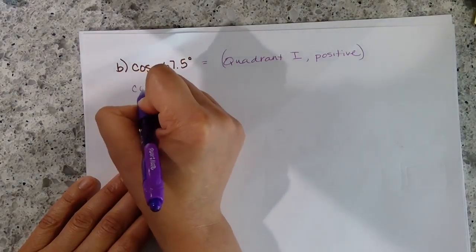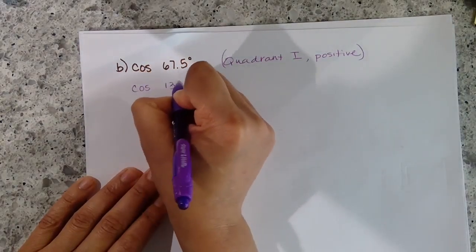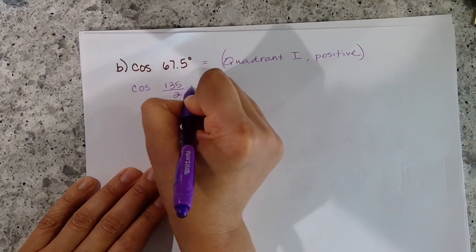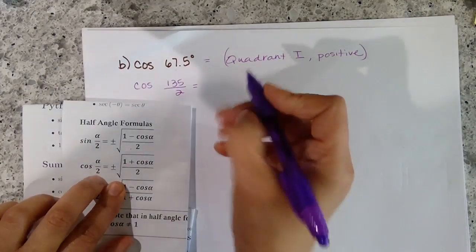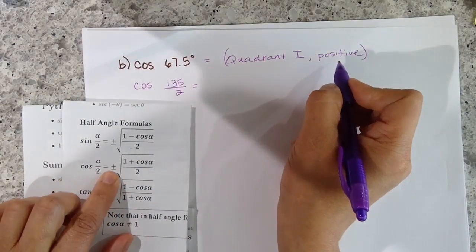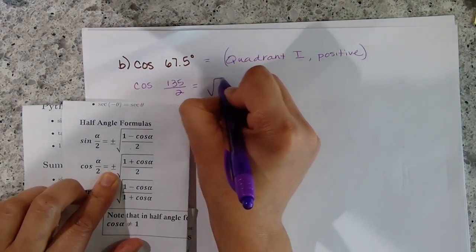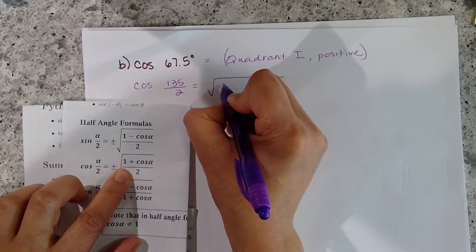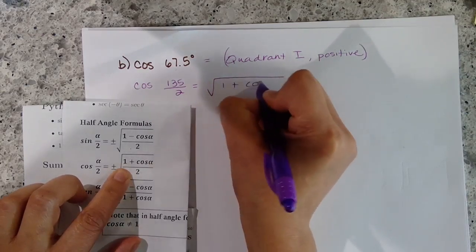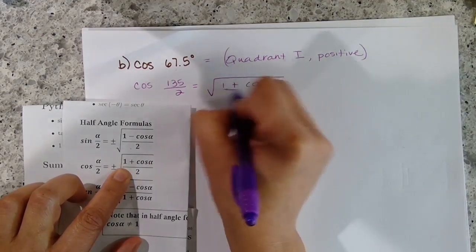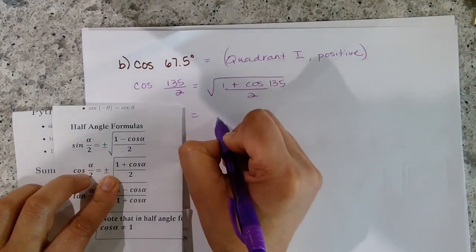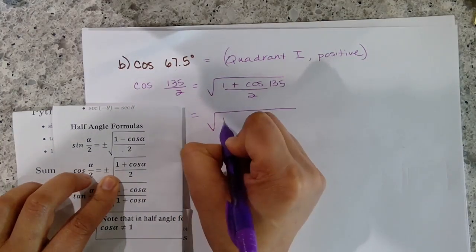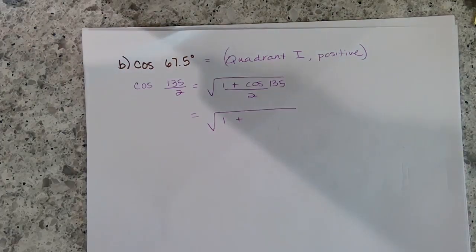And this is the same thing as cosine of 135 degrees divided by 2. I'm going to use my formula here. My answer is positive, so I don't need to worry about the negative. So that's the square root of 1 plus cosine of 135.